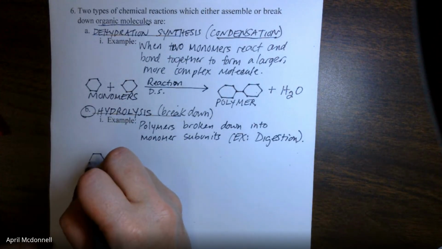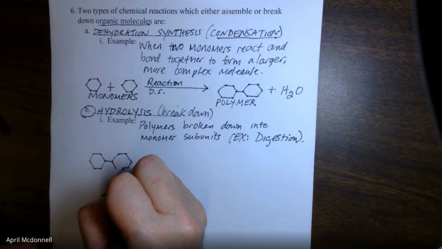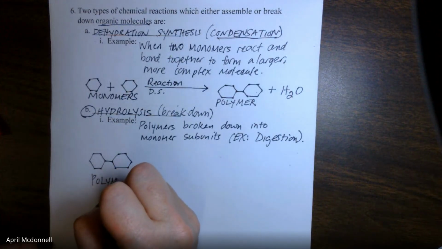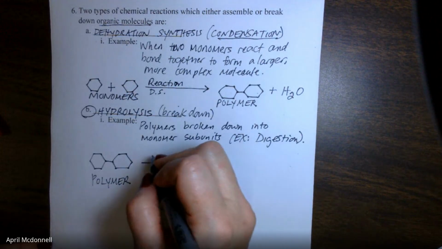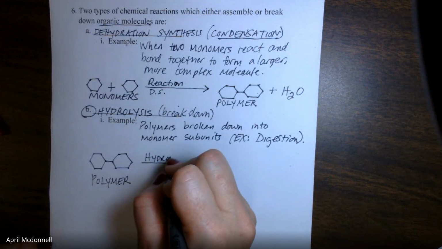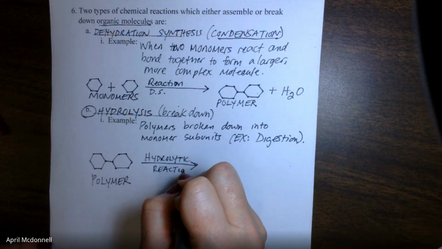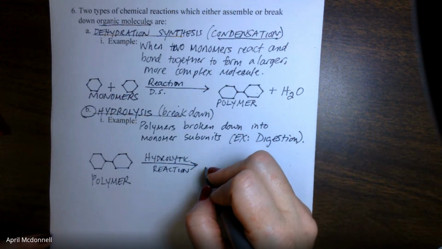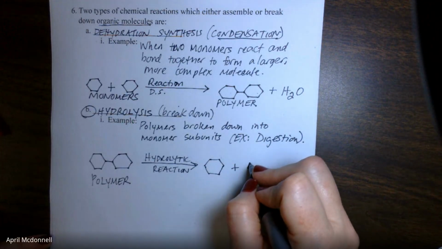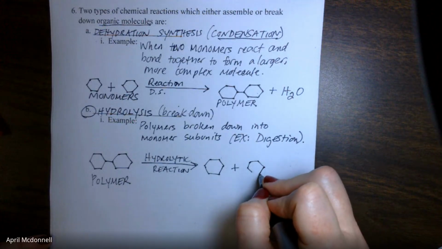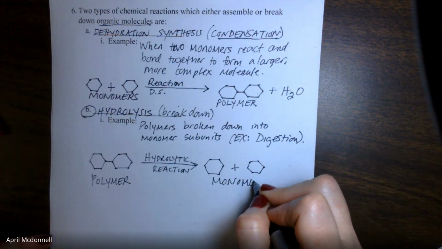These two hexagons, which are connected together, are our polymer. I'm going to draw the arrow that indicates the hydrolytic reaction. It's going to result in individual monomers. Basically, you're breaking the very large, complicated molecule down into the individual subunits.